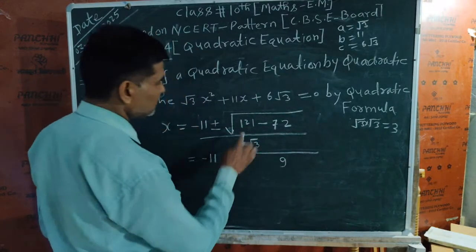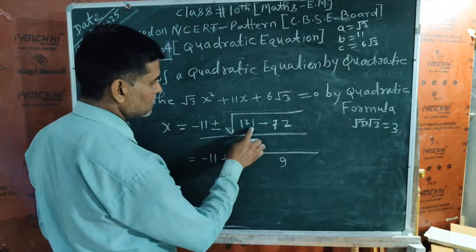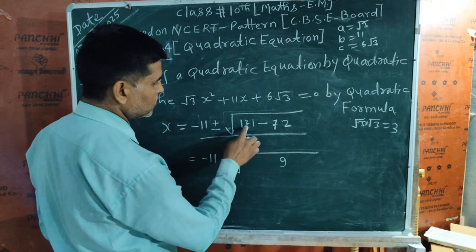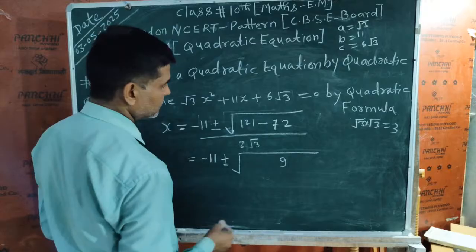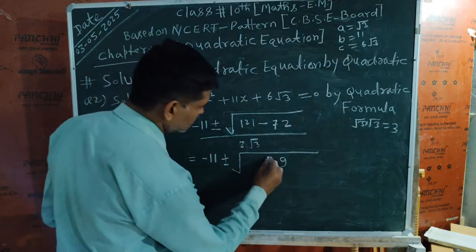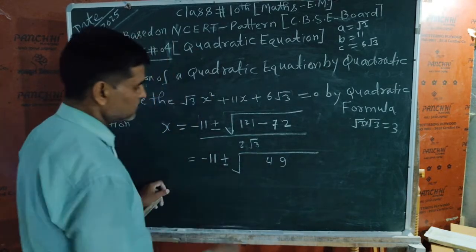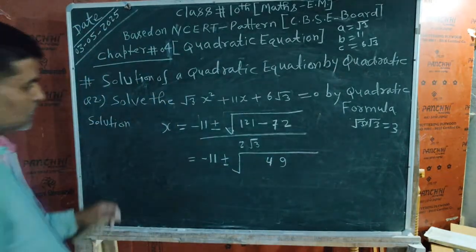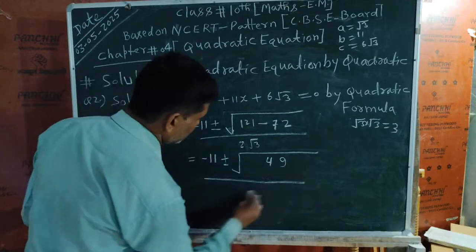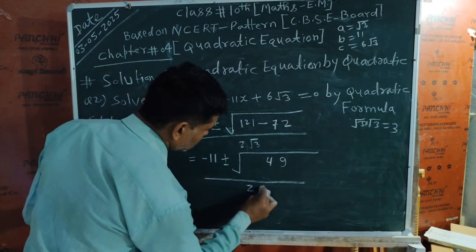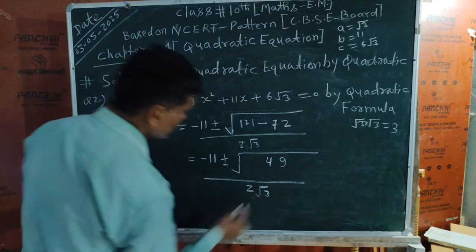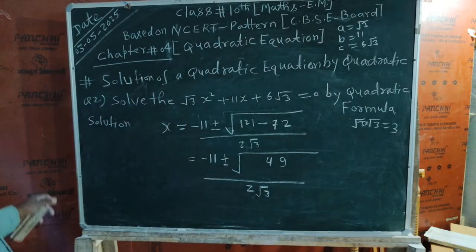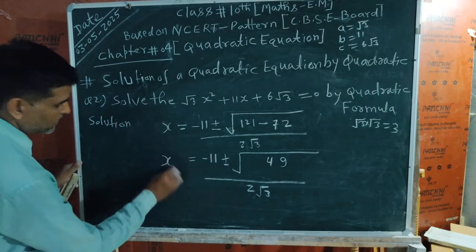So here it will be 49. Now divided by 2 root 3, so I will put 2 root 3. Now again I will simplify it.